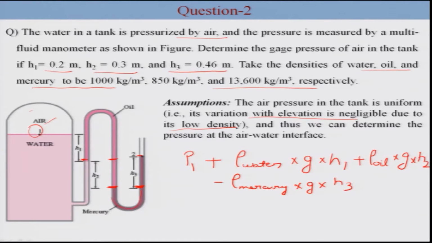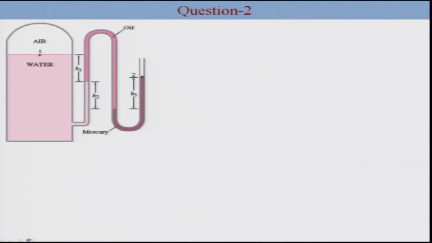This is equal to P2, and this tube is open to atmosphere. So this P2 pressure is equal to atmospheric pressure. Now, we have to find the gauge pressure. So gauge pressure will be P1 minus P atmosphere.